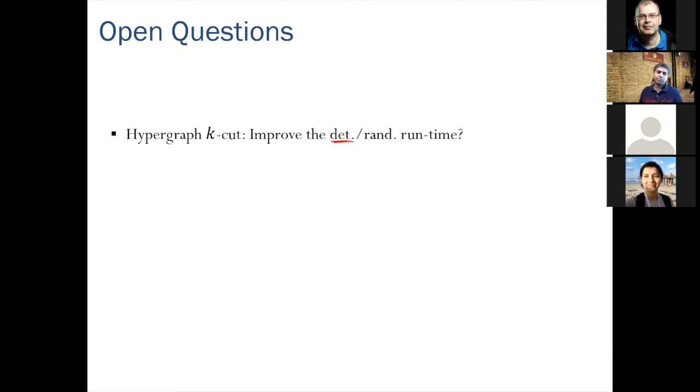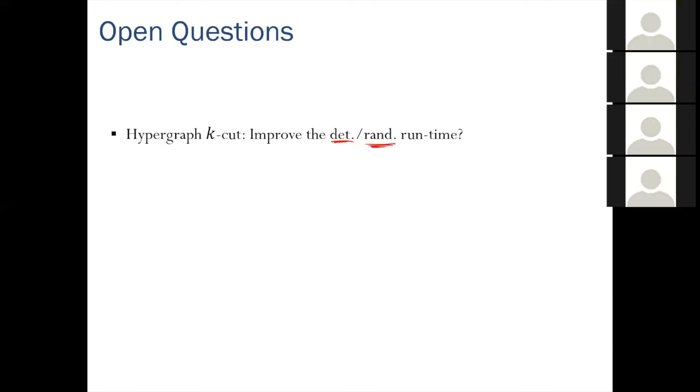Can we solve hypergraph K-cut maybe in n to the 4k or n to the 2k or n to the k min ST cut computations? Also, it would be interesting to improve the randomized runtime. The randomized runtime, I believe, is n to the 2k for hypergraph K-cut, but with the latest result for graph K-cut, the randomized runtime is n to the k. So can we improve the randomized runtime for hypergraph K-cut?